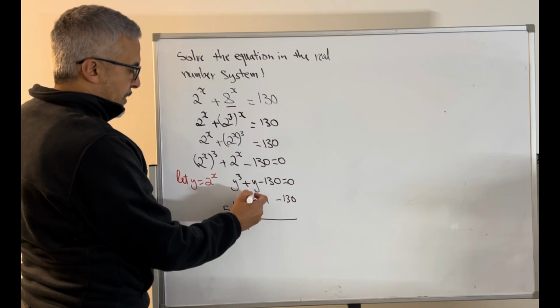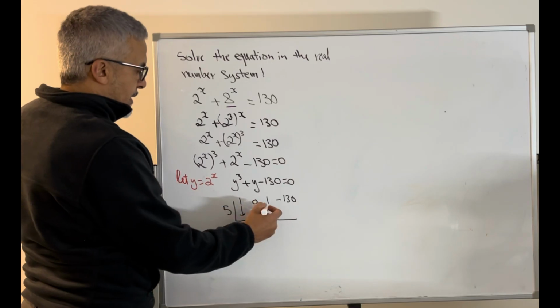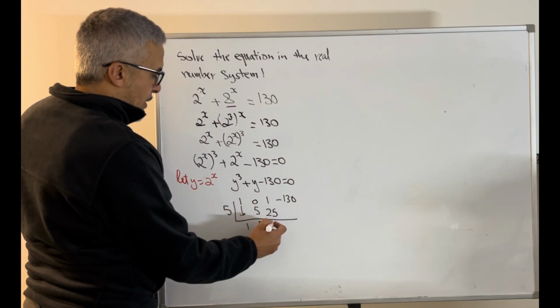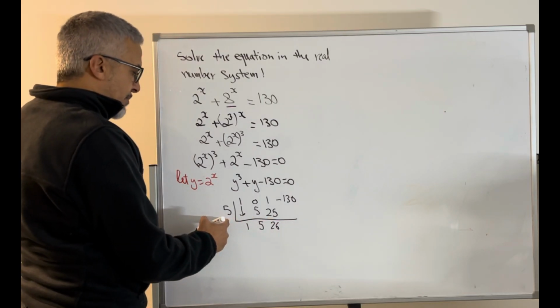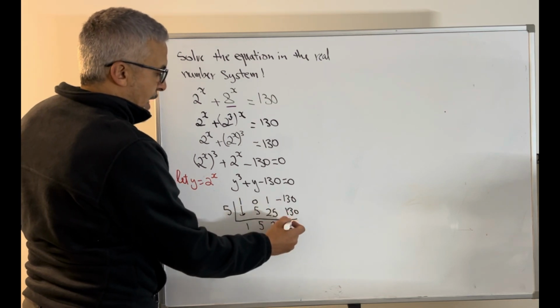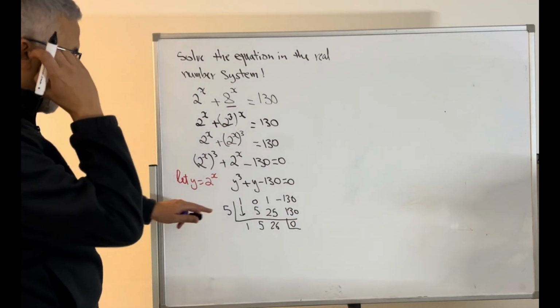We write that there and we add 0 plus 5 is 5. Now 5 times 5 is 25. We add, we get 26. And 26 times 5 gives me positive 130. And when we add, we get 0. So the remainder here is 0, and that's why 5 is a factor.